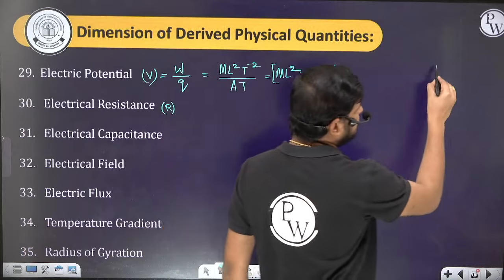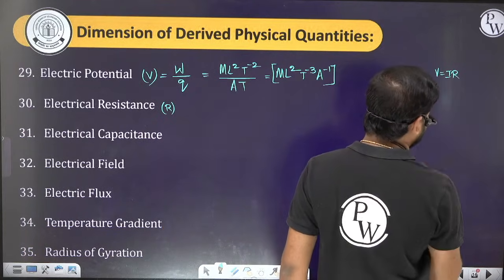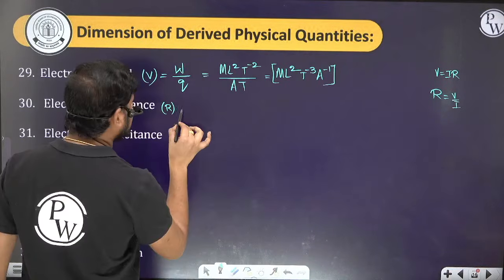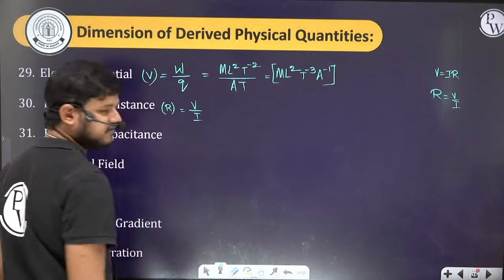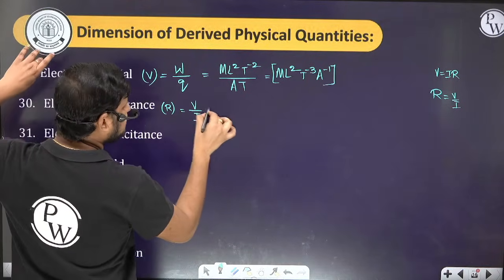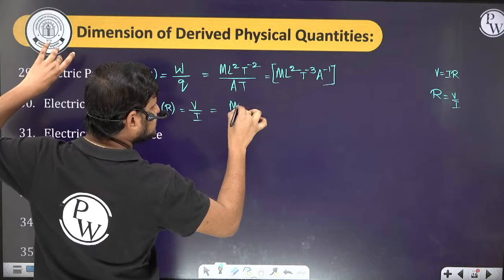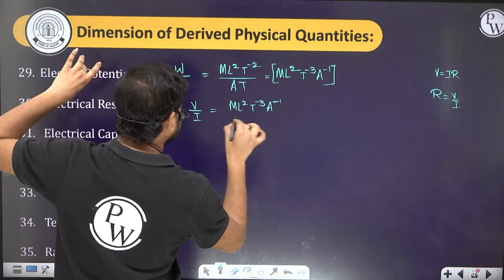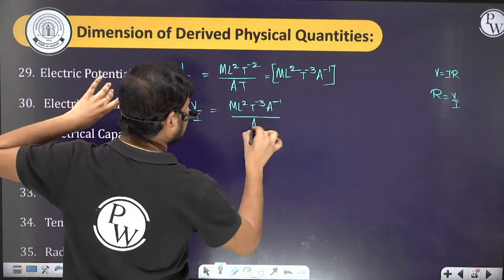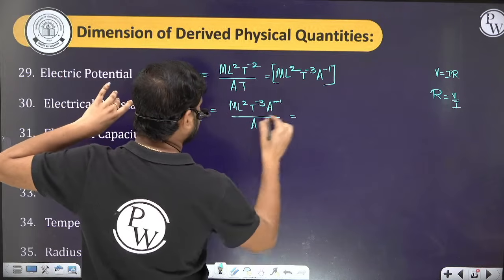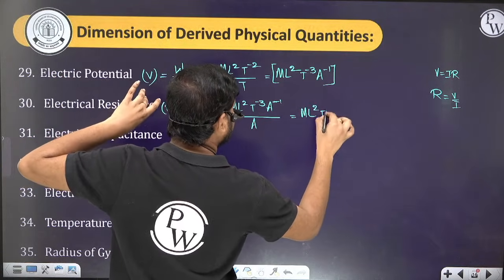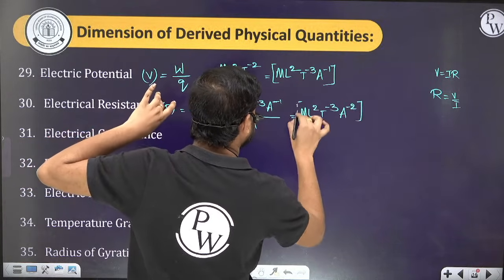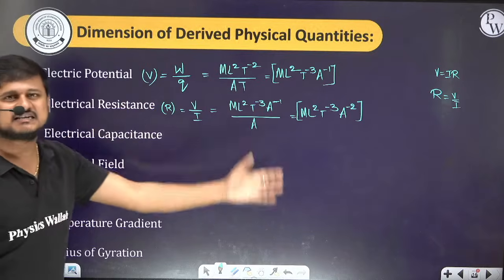From there, the resistance R is equal to V by I. The potential V is the electric potential we just wrote, M L square T to the power minus 3 A to the power minus 1, divided by the current I, which is A. If I send this upside, A goes to the power minus 2. So this is the dimensional formula of the electrical resistance: M L square T to the power minus 3 A to the power minus 2.